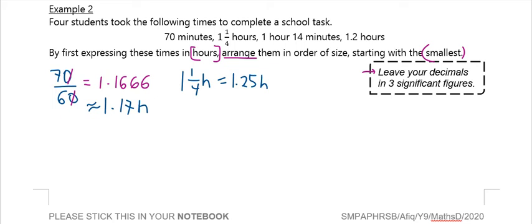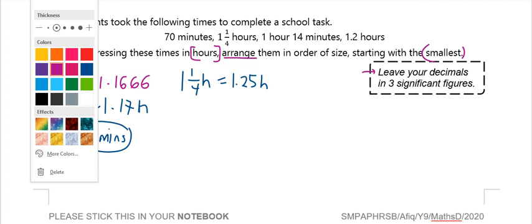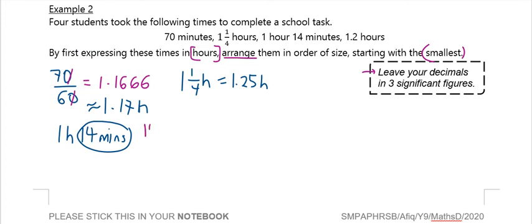Next one is 1 hour 14 minutes. Here, all you have to focus on is the 14 minutes. The 14 minutes will be changed into hours by dividing 14 by 60.